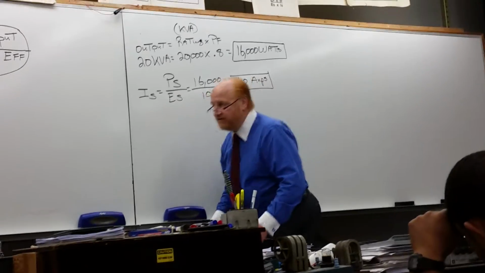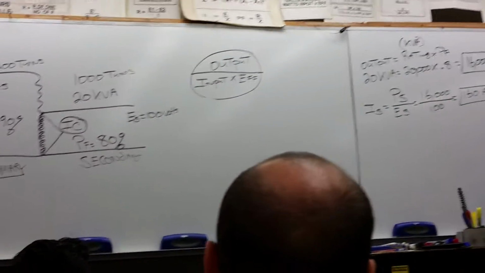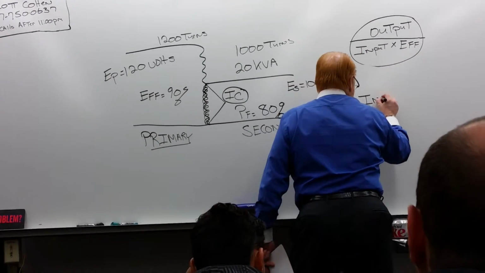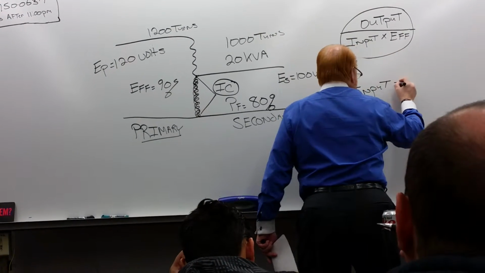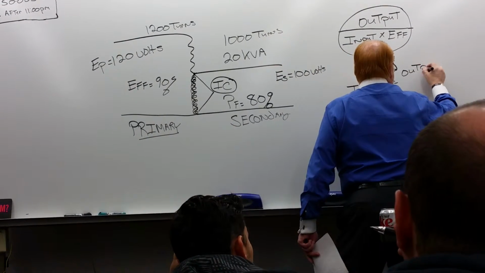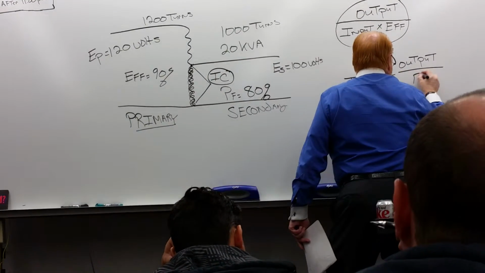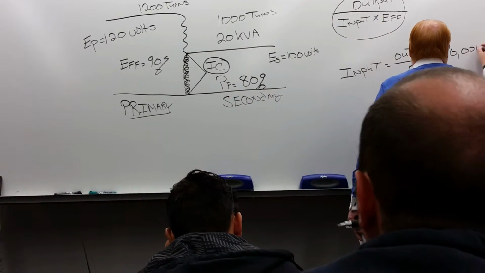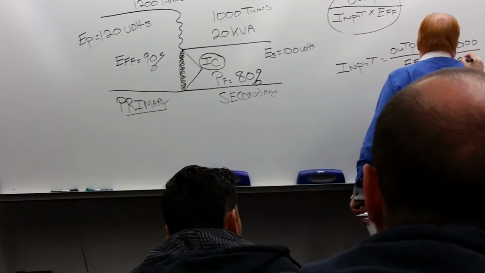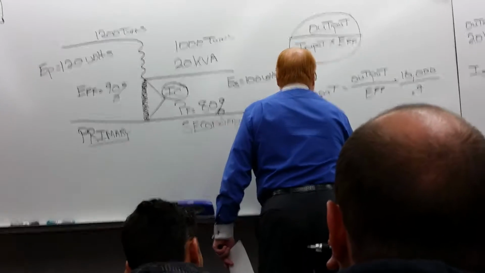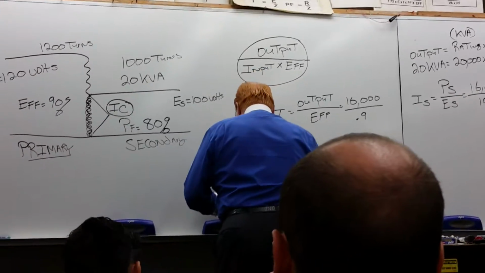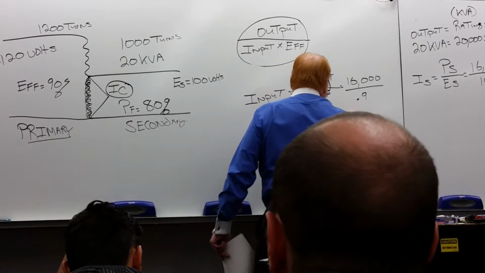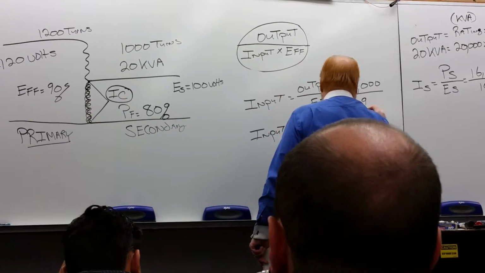I have the efficiency. I have the output. I can say the input equals the output over the efficiency, or 16,000 over 0.9. We can say that the input's value is now 17,777 watts.